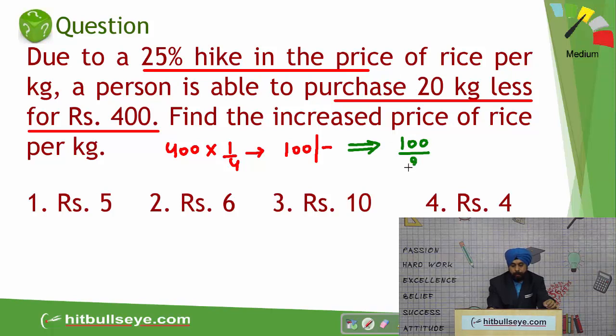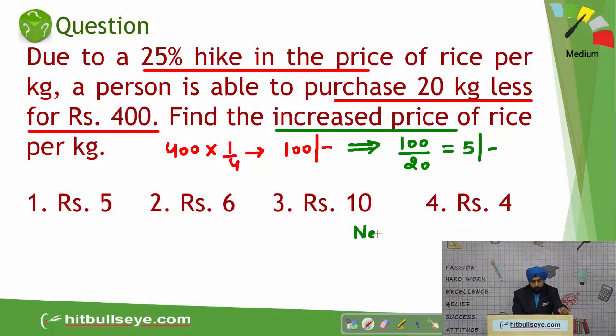So this means the price per kg becomes 5 rupees. And students, very important to note that this will always give you not the increased price but the new price. The price which will be there after the increase or after the decrease. So your answer is first option.